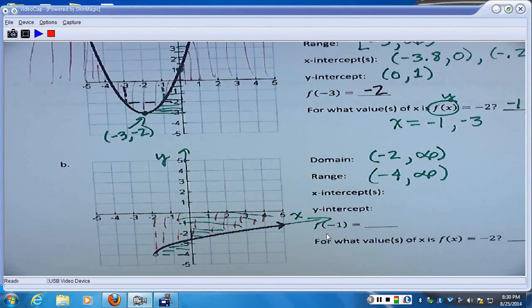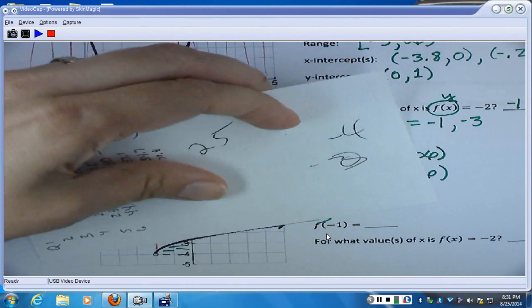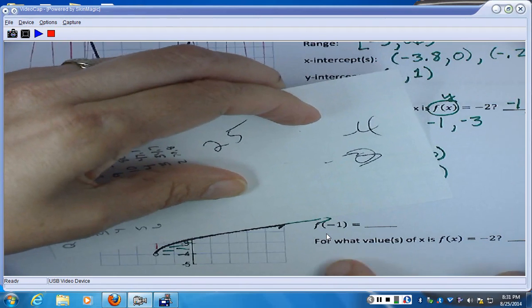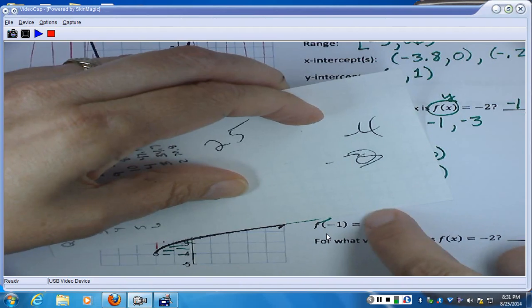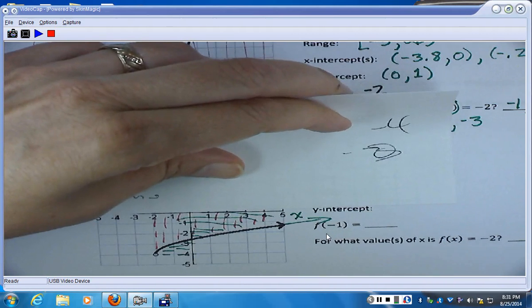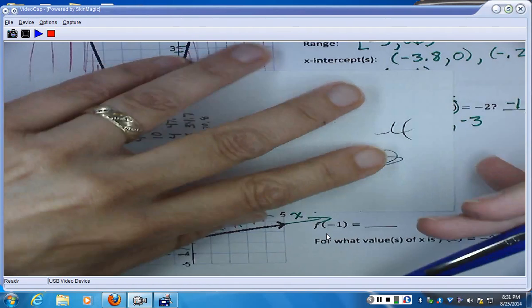All right, the x-intercepts. Wow, that's hard to tell, isn't it? Maybe you could kind of approximate with this. Here, we'll continue this line.